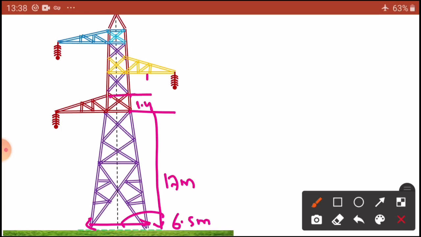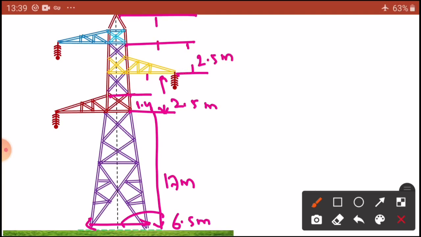You can indicate this length is equal to a constant 2.5 meters, and indicate this is equal to 2.5 meters, and indicate this length is 3 meters here. Now this length indicates 4.5 meters, indicate 4.5 meters, and indicate this length also 4.5 meters.